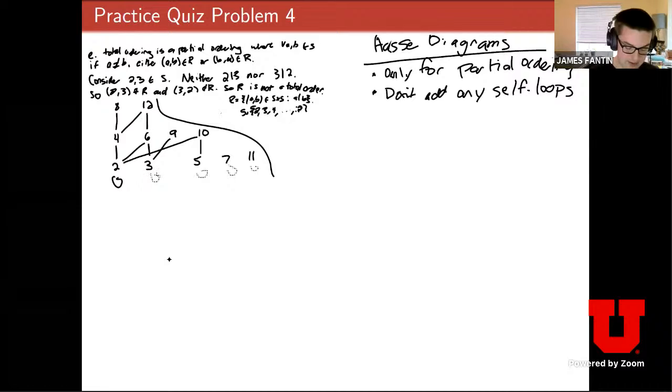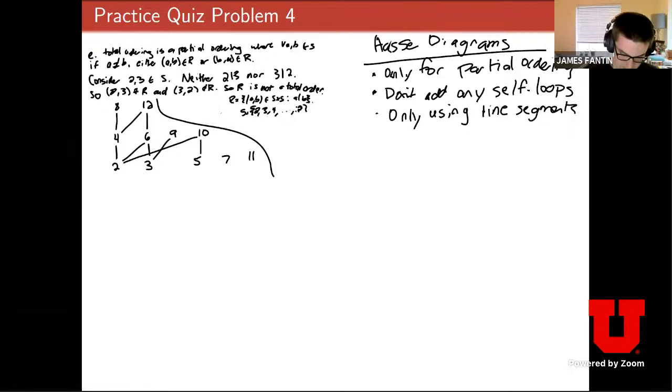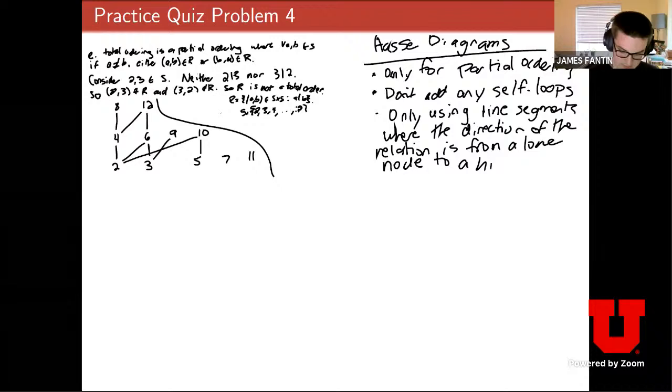We just say if it's a Hasse diagram, we know that it's reflexive. We know that everything is related to itself, so when we're drawing the diagram, we don't do that. The other thing to remember is we're only using line segments. And the direction of the relation is from a lower node to a higher node.